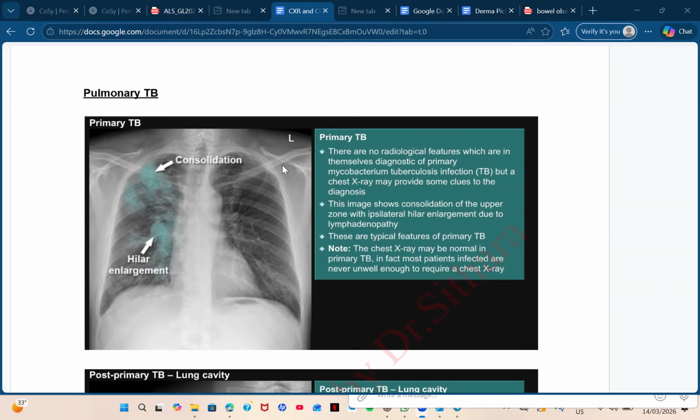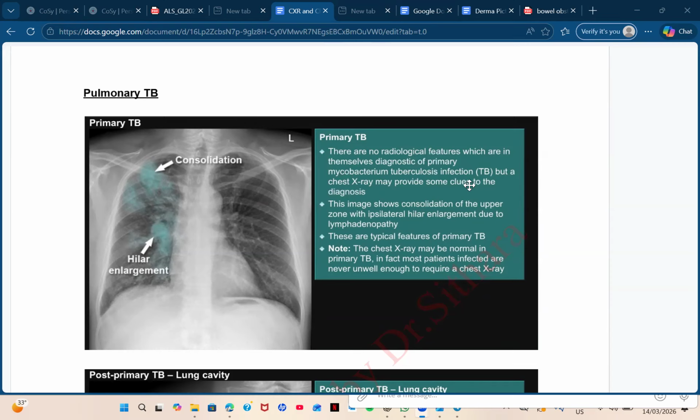Let's discuss primary TB. How does it present? Here there is consolidation and hilar enlargement that we can see. There are no radiological features which are themselves diagnostic of primary TB, right? But the chest X-ray may provide some clues to diagnosis, right?